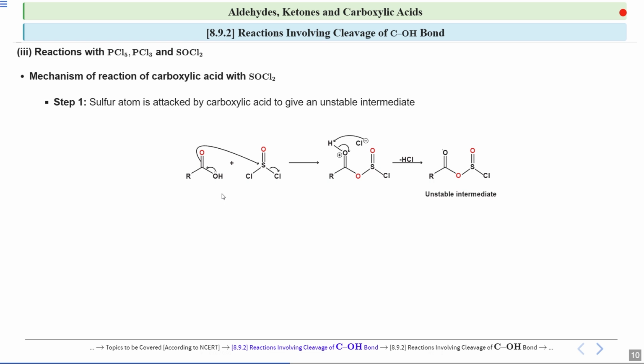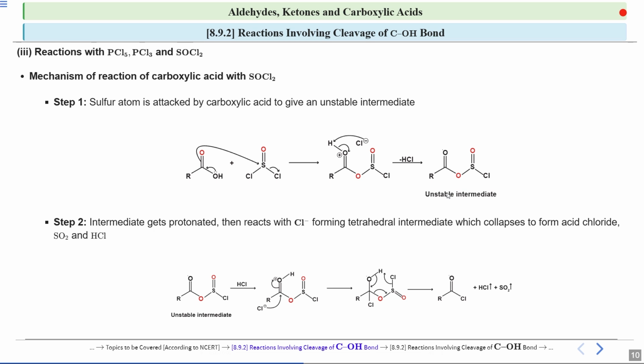So the sulfur acts as an electrophile, attracting the nucleophilic oxygen from the carboxylic acid. This oxygen has a positive charge. Now this chlorine takes up this hydrogen and you get an unstable intermediate.